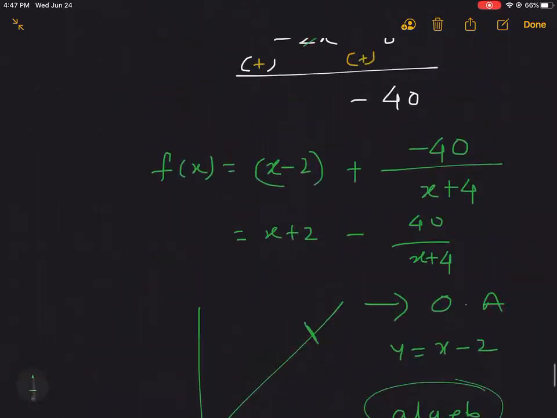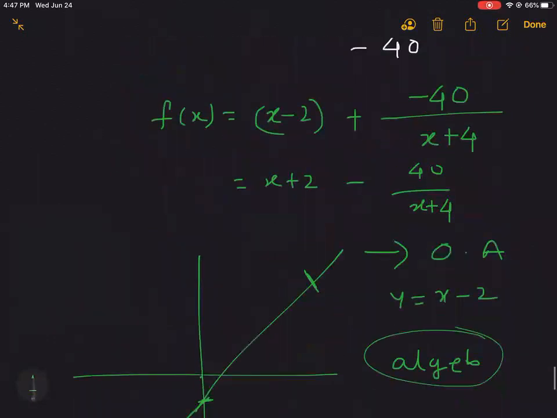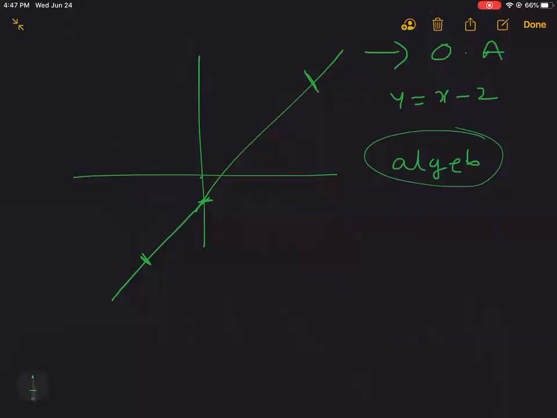The basic idea is, if two functions intersect each other at any point, at that intersecting point those two functions will be equal.